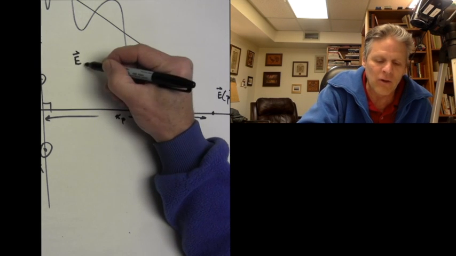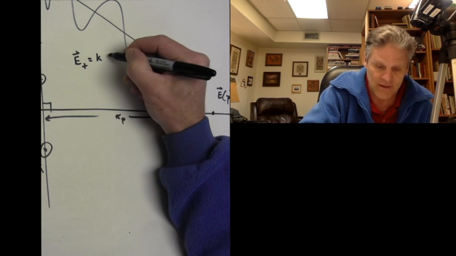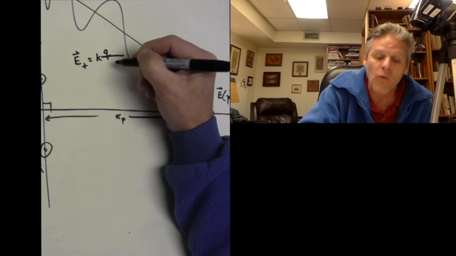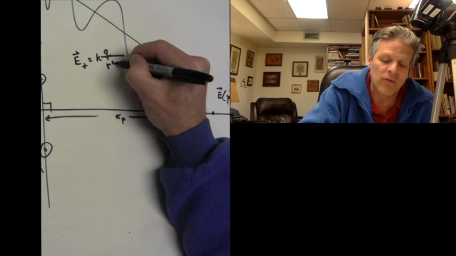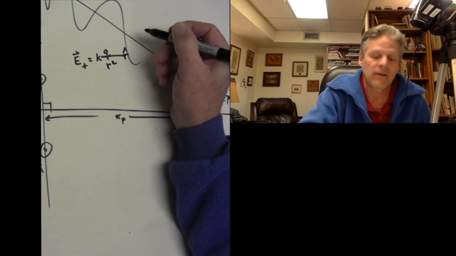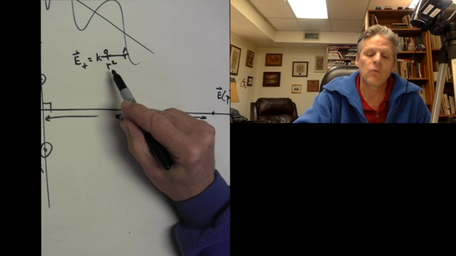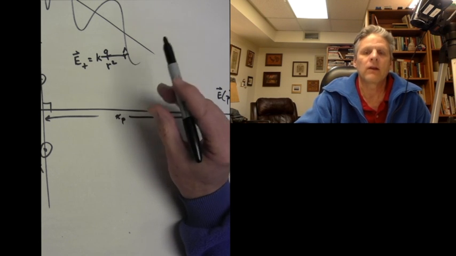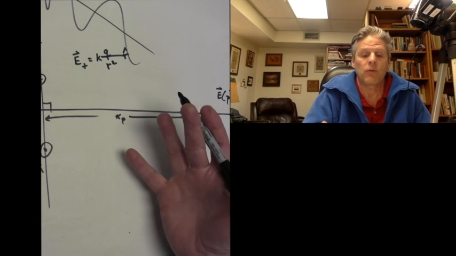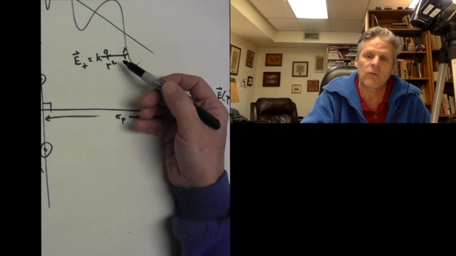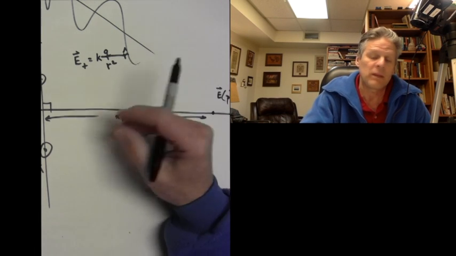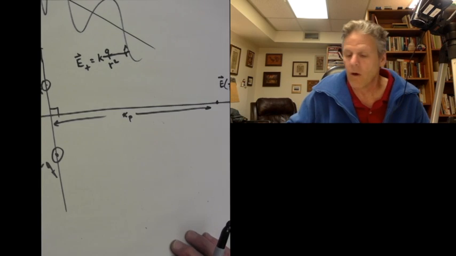Our E, I'll call E plus, is going to equal k q over r squared r hat. Do we know k? Yes. Do we know q? Yes. Do we know r squared or r hat? No. So all we have left to do is just determine our r squared and our r hat, and we'll be done.